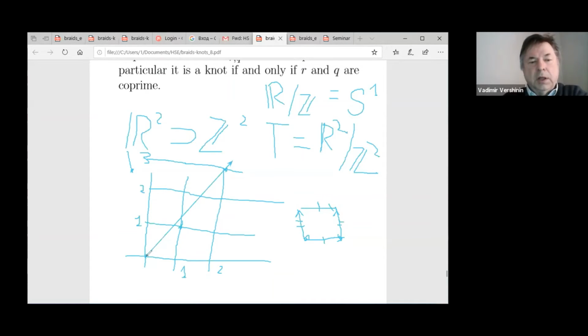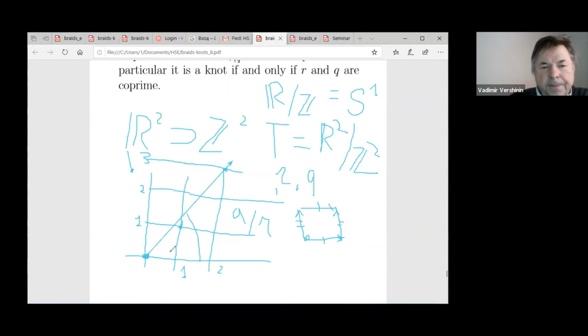We suppose that our direct line starts from 0 and goes, say, with notation P and Q, or R and Q. So this line, when we are factorizing by Z2, becomes a circle, because this point meets with this point.